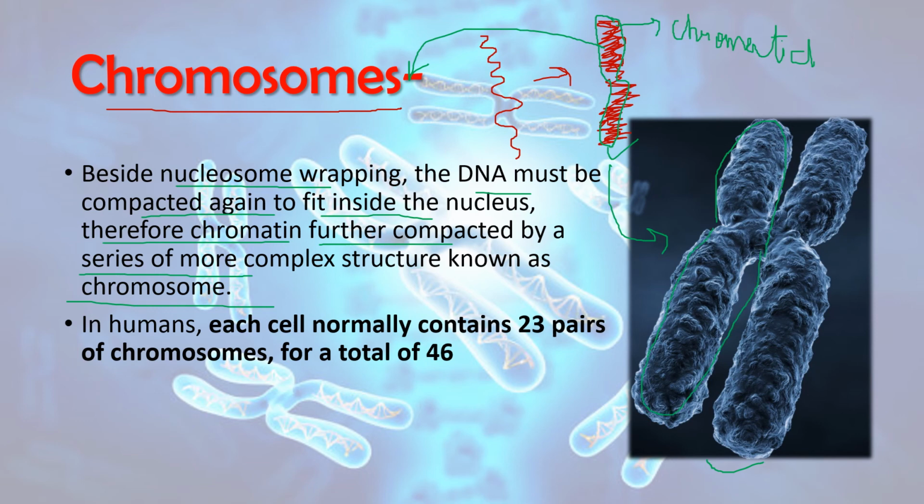This is one chromatid and this is another chromatid. The two chromatids are connected together by the centromeric region. This one is the centromere. In a human cell, each cell normally contains 23 pairs of chromosomes, a total of 46.